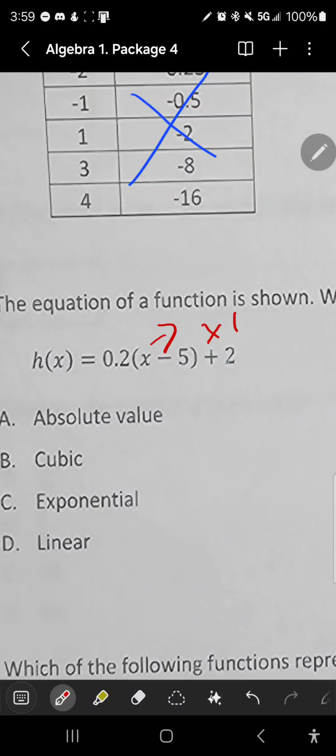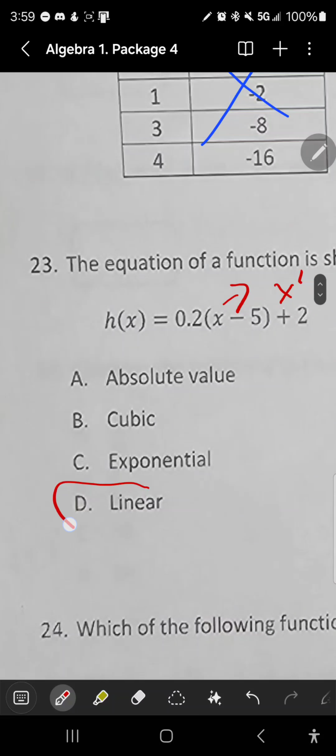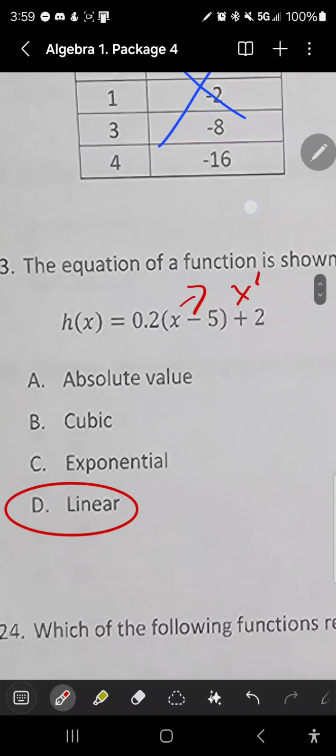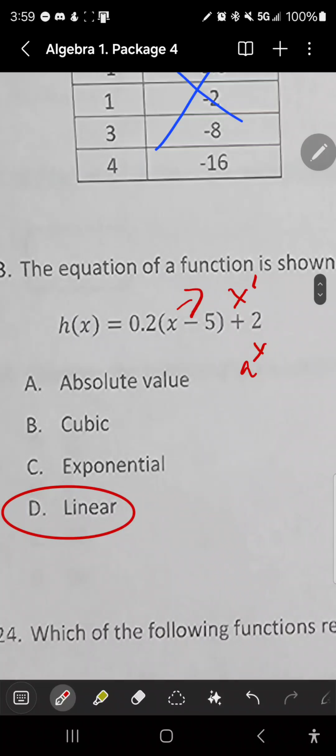So it doesn't have a special exponential. It's the one that we always use. It's the linear function. For exponential, it will be a letter to the x, which is not what we have. For cubic, it will be x to the third. This is not what we have. And then for absolute value, we will need absolute value of x. This is not what we have.